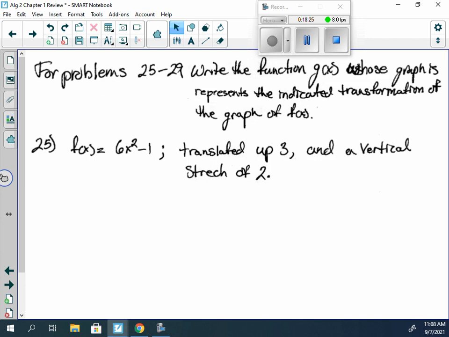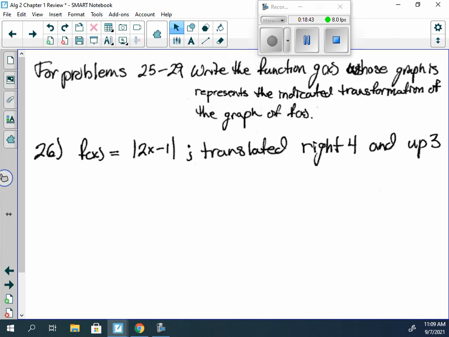Because we talked about a horizontal translation moving left and right, we really talked about the y equals f of x minus h, and we plugged in whatever movement to the left and right we had for h. The same thing with vertical translations, horizontal stretch, shrink, and reflection across the x and y axis.